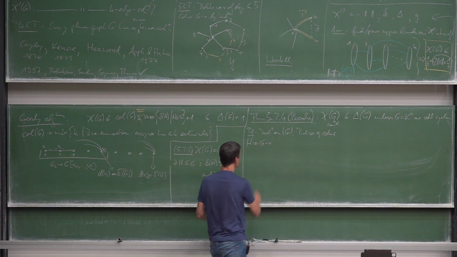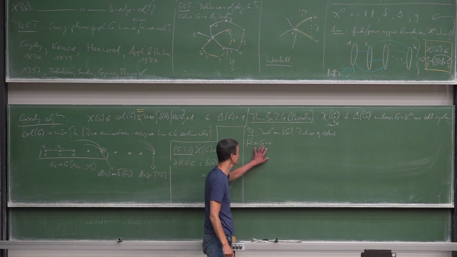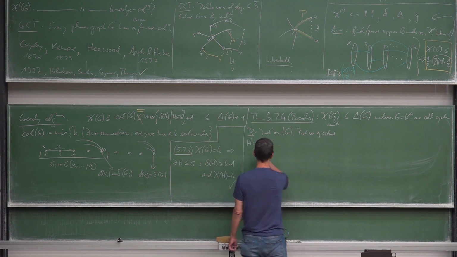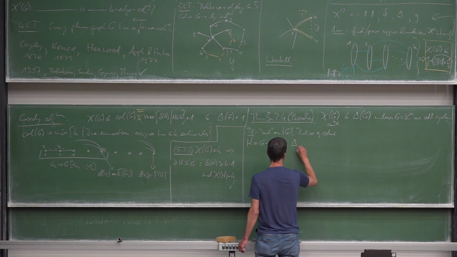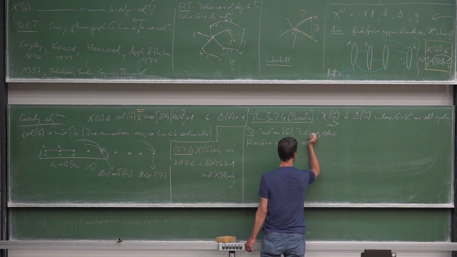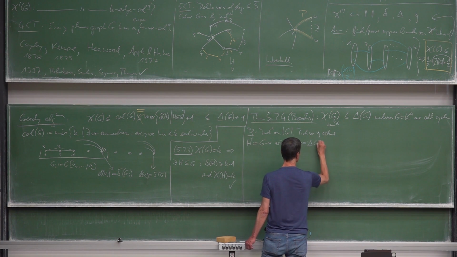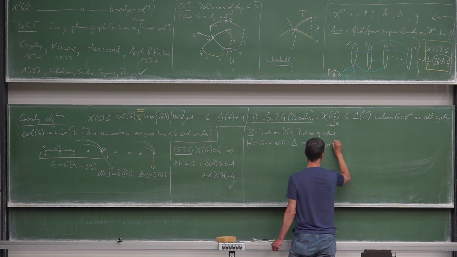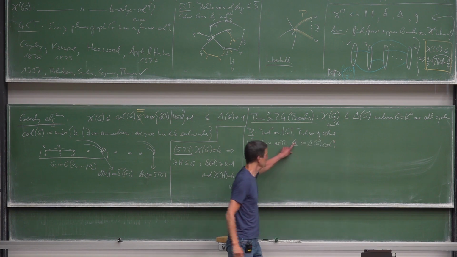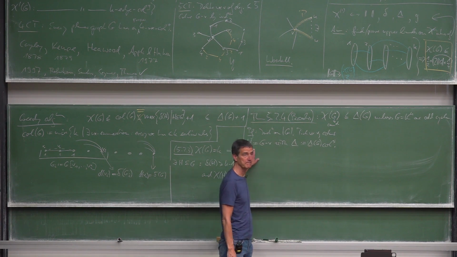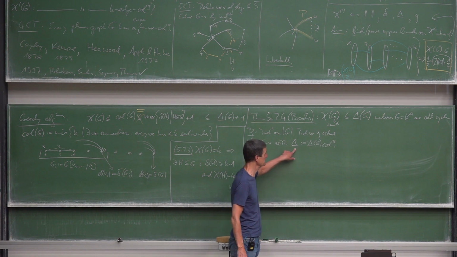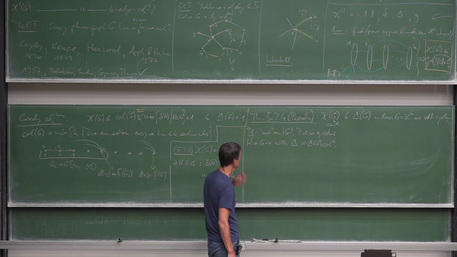And I claim that we can color the remaining graph H with delta of G colors. I want to use the symbol delta now for delta of G, not delta of H. Delta is now fixed for this proof to mean delta of this G that is given. But I have to persuade you that this is in fact true.